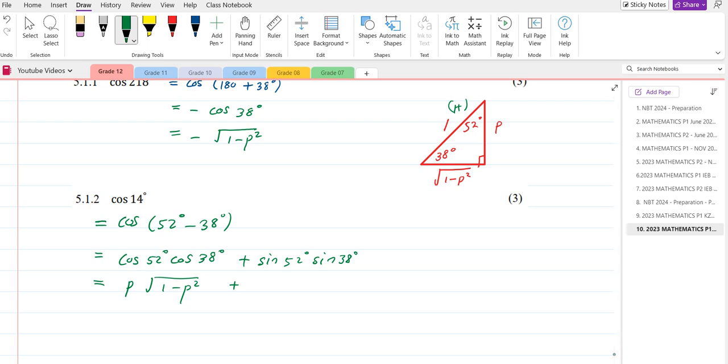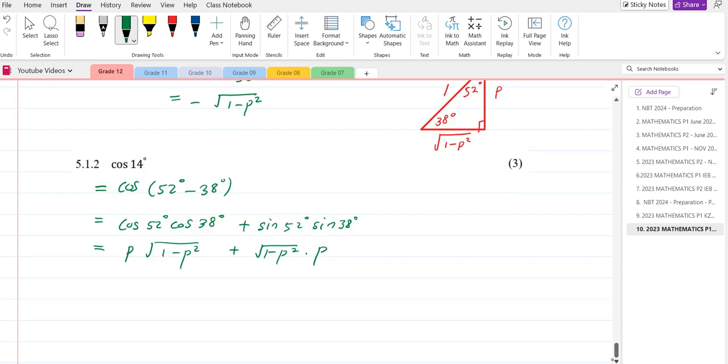Opposite over hypotenuse, the square root of 1 minus P squared, times sine 38. Sine 38 is P over 1. So we basically have P into the square root of 1 minus P squared and P into the square root of 1 minus P squared. So the final answer is 2P into the square root of 1 minus P squared. I hope you guys understood that.